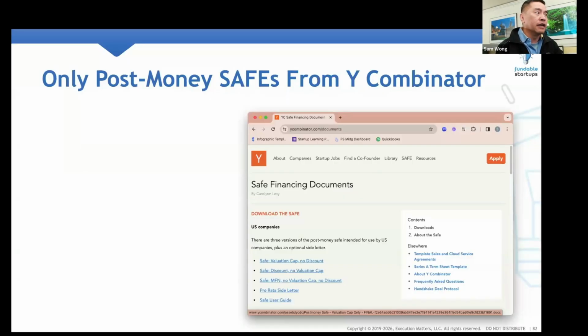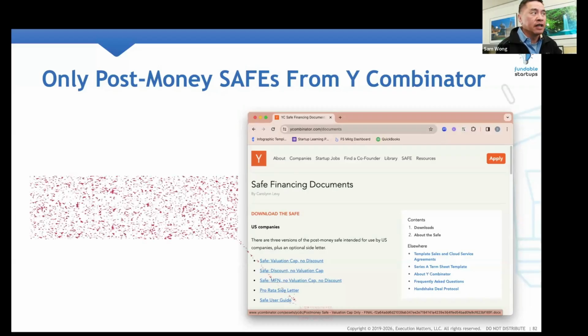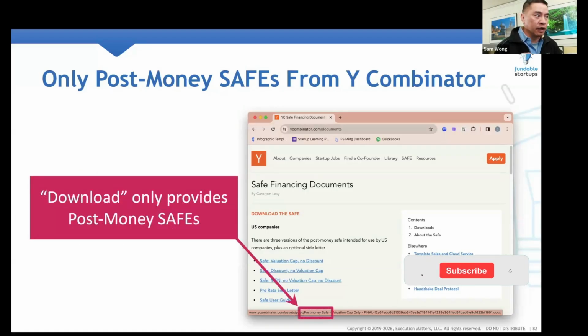That's not surprising, because if you go to the Y Combinator website to try to download the safe, you'll notice the download only provides the post-money version now. Y Combinator has retired the pre-money version of the safe.